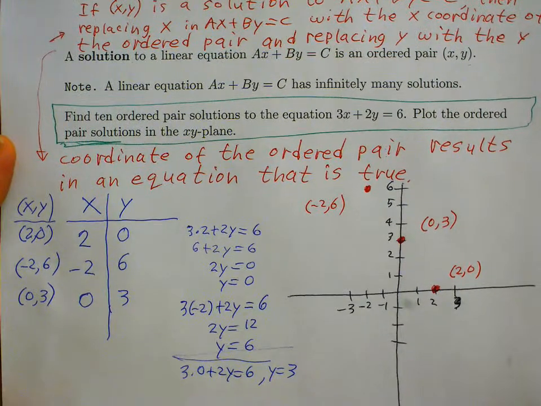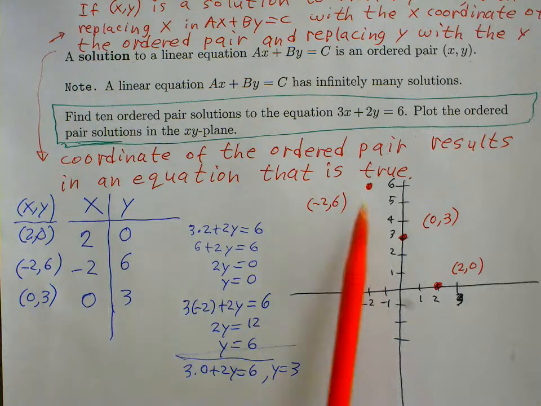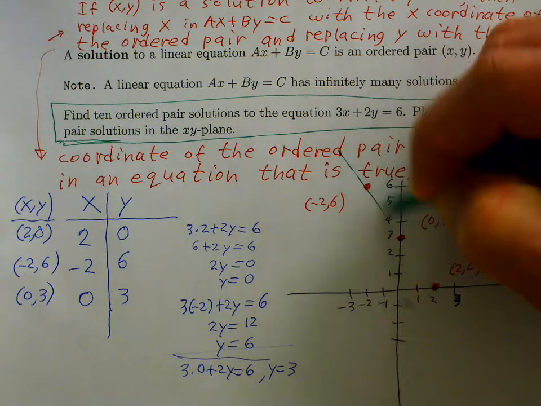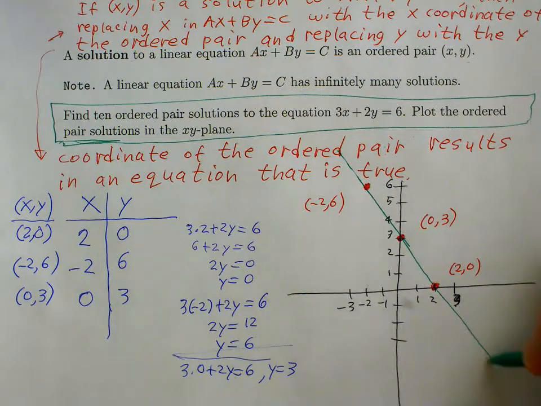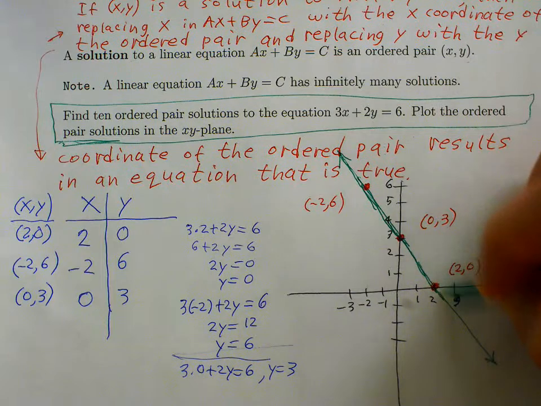What do you suppose is true about all of the other infinitely many solutions? We just plotted 3 points, 3 ordered pairs that are solutions to that linear equation. What would happen if we were able to plot all infinitely many ordered pair solutions? They would all be on a straight line. So this is supposed to be a straight line through those points.